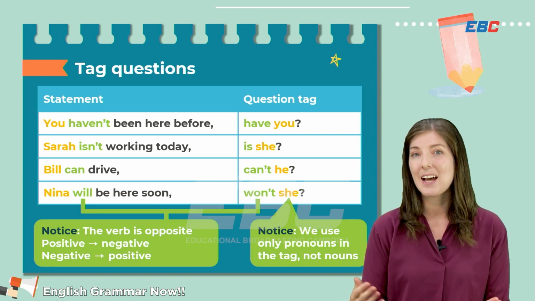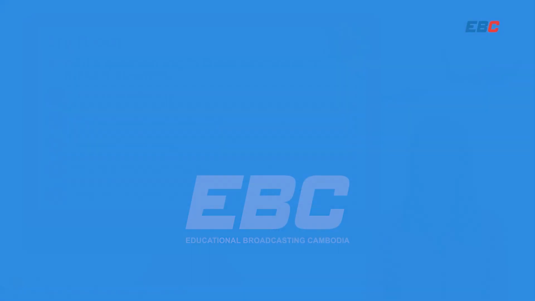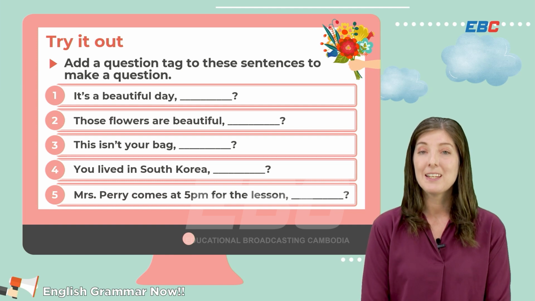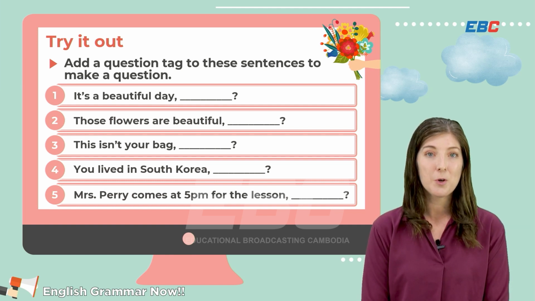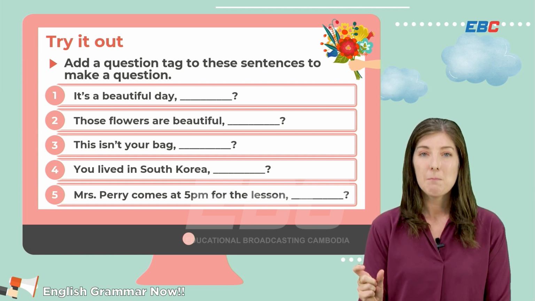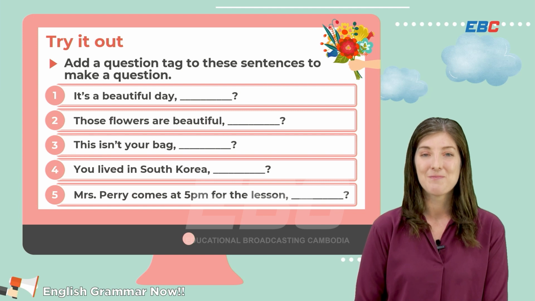We replace that with the appropriate pronoun in the question tag. Now it's time for you to try. Here we have the beginnings of what could be a question. We have the statement part. The missing blanks are where you can fill in a question tag for each of these 5. See if you can give that a try.